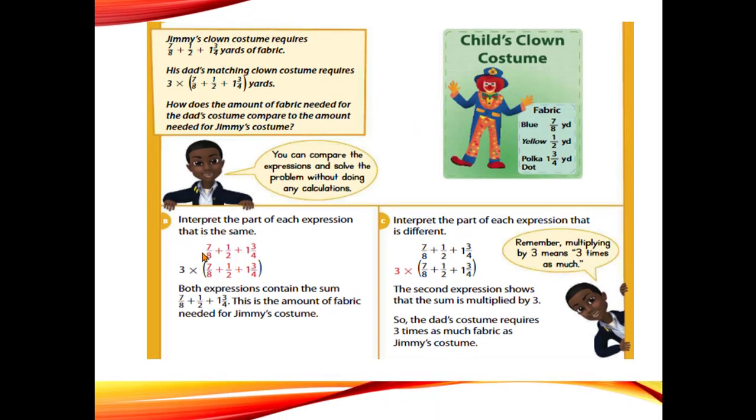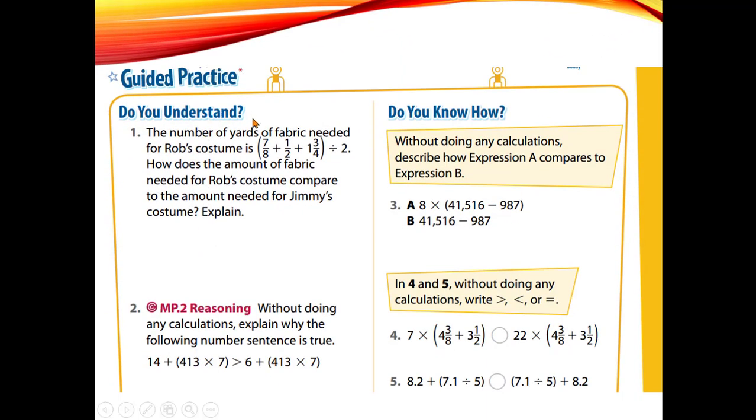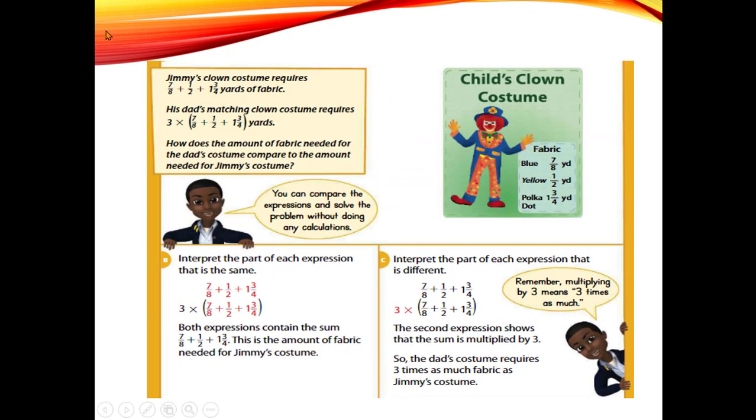Okay, let's have a look at some questions. The number of yards of fabric needed for Rob's costume is 7/8 plus 1/2 plus 1 and 3/4. If you remember, Jimmy's was the same thing: 7/8, 1/2, and 1 and 3/4.